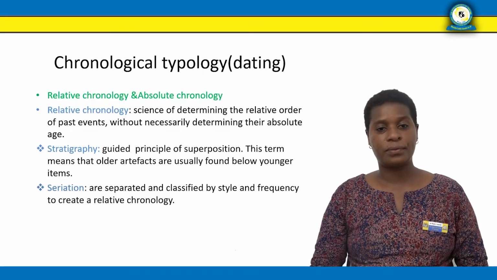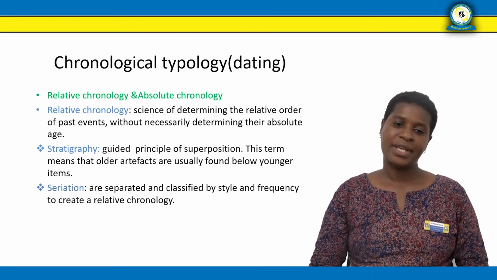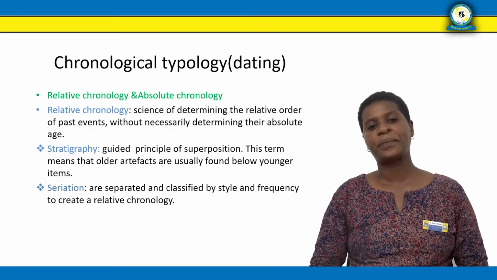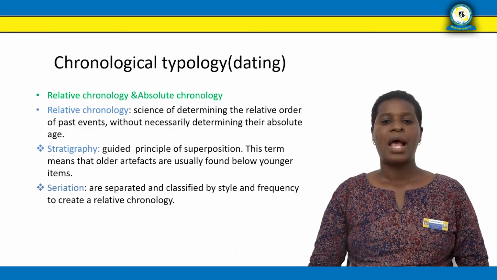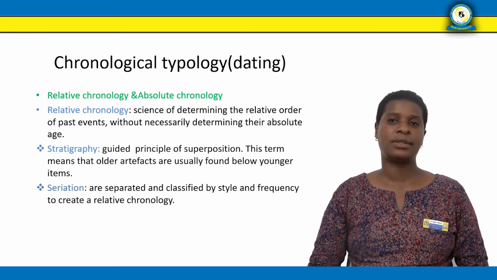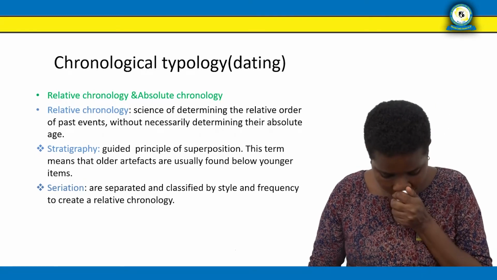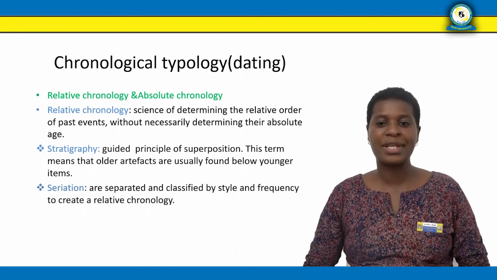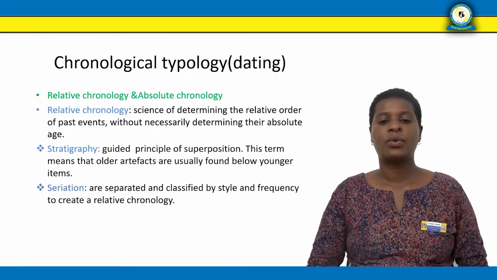Another way of relative dating or relative chronology is seriation. Here it means you establish the chronology or the dating of the materials according to their styles and frequency, to establish a relative chronology.